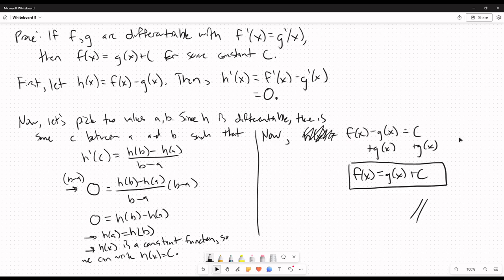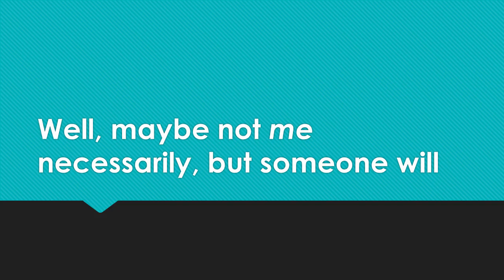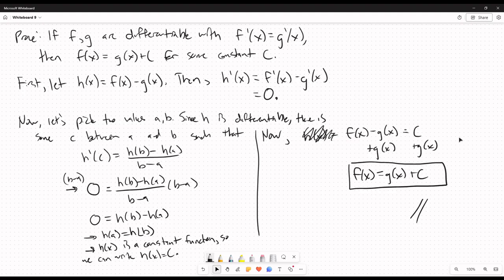This is going to be important later on in the class when we look at antiderivatives. Basically, when we look at antiderivatives, I'm going to give you a derivative and ask you what the original function was. And if I give you a derivative, there are lots of different possibilities for what that original function might be.